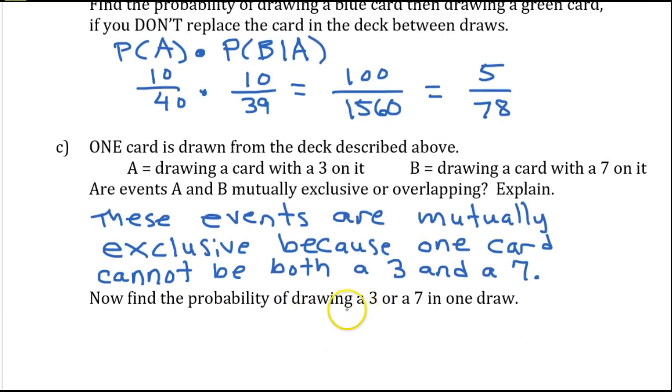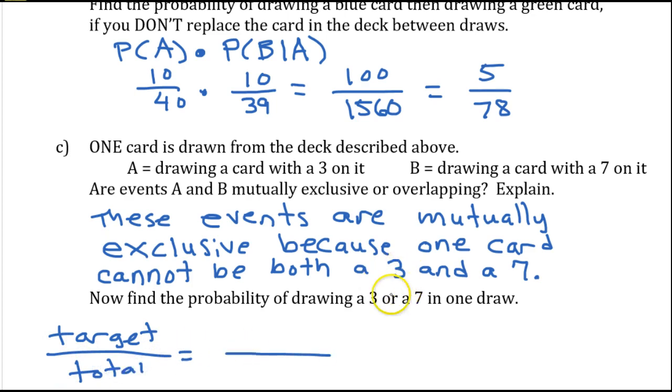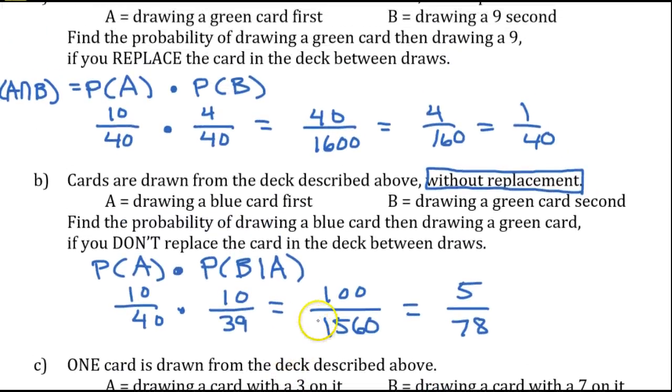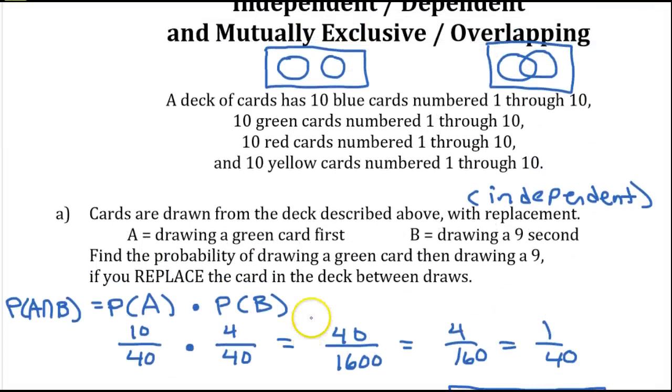Okay, now find the probability of drawing a 3 or a 7 in one draw. Okay, so probability is target over total. So the target is a 3 or a 7. So let's see, how many cards are there that are 3s or 7s?